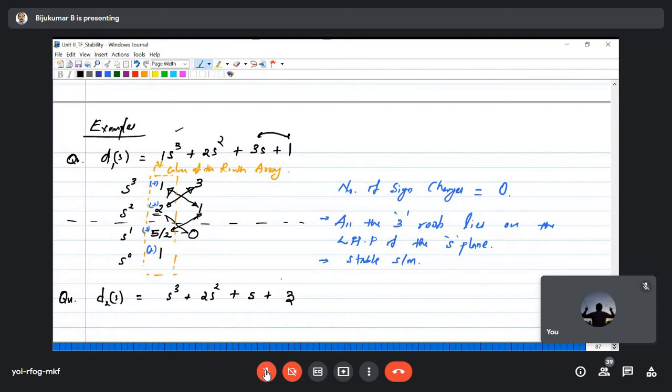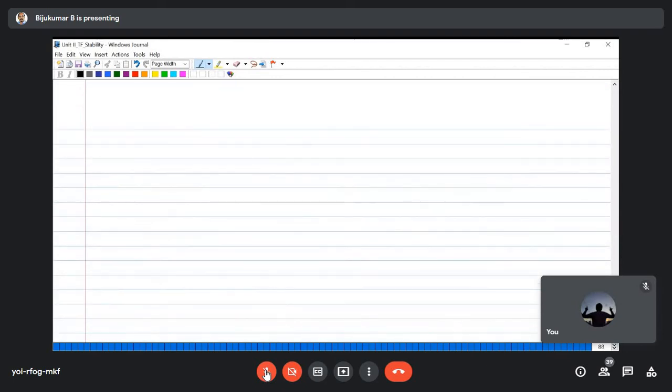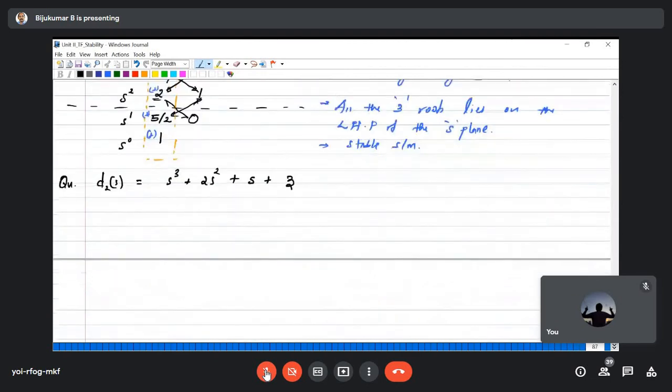Now in this polynomial also, all the coefficients are non-zero and all the signs are the same, right? Now we will apply the Routh array concept and see whether the system is stable or not. So like this, we can place s cube, s square, s power 1 and s0. So the coefficients are 1, 2, 1, 3.